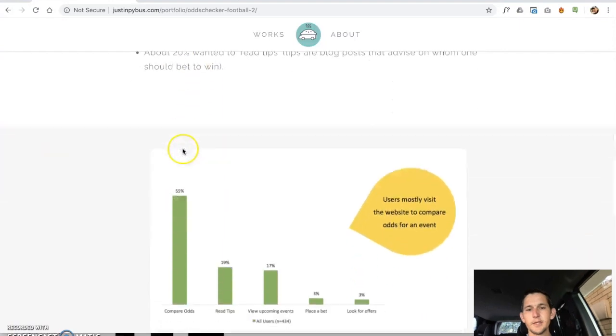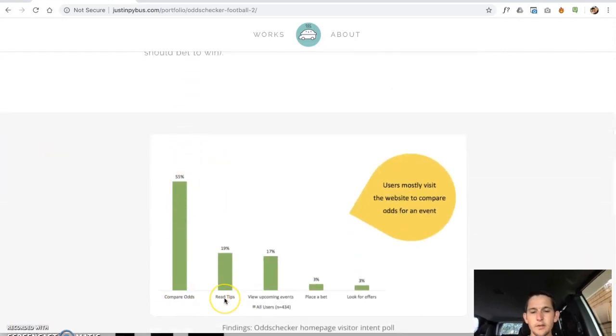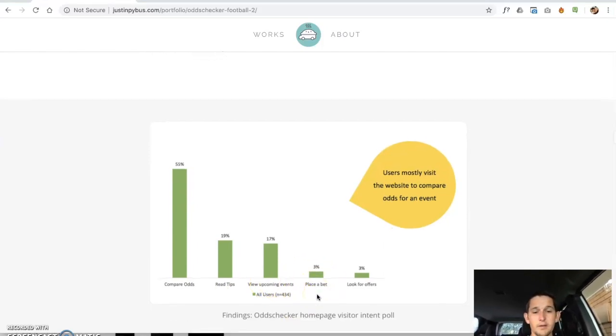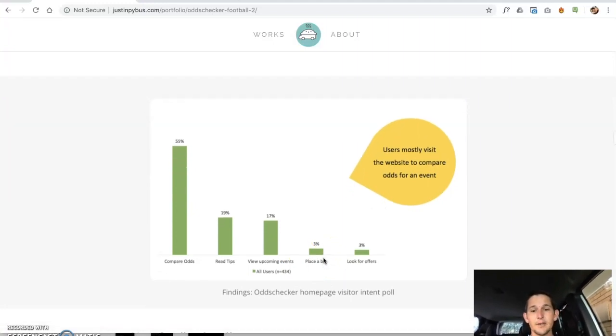So about 50% of users wanted to compare odds, 19% wanted to read tips, 17% wanted to view upcoming events, and only 3% wanted to place a bet. So that was a bit alarming, because users didn't really seem to know that they could place a bet on the website, and that's really how the company makes money. So that highlighted some issues there.